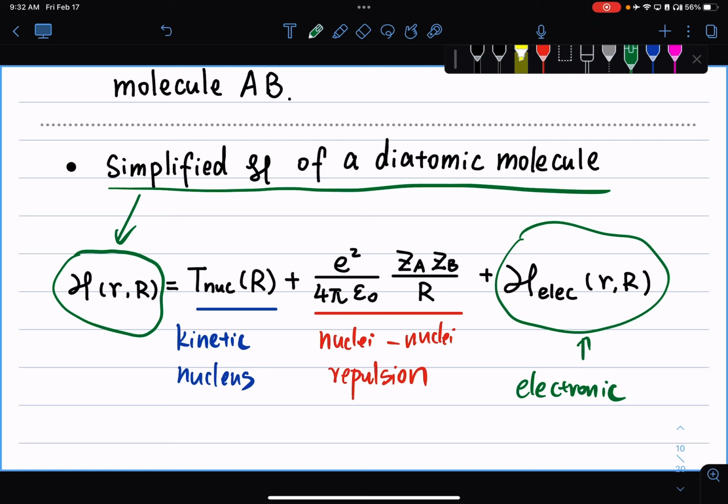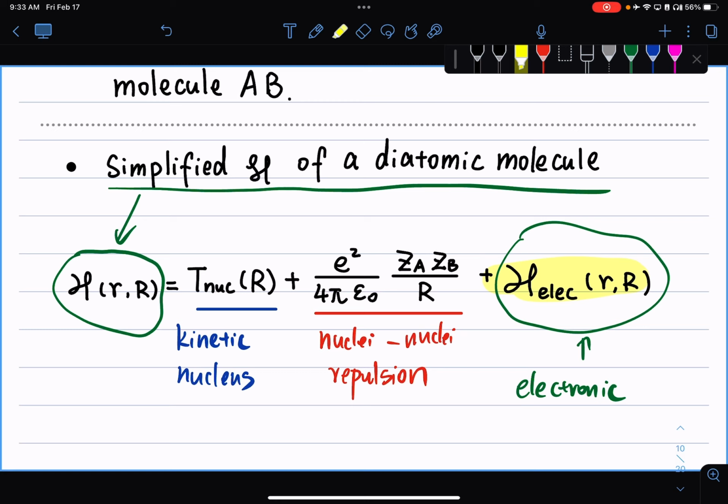And the electronic Hamiltonian depends on the distance between the electron and the nuclei and between the two electrons themselves. So it's a highly simplified version of the Hamiltonian for a molecule. For this course, we're chemists, so we care more about the last term. So from here, we'll be just focusing on that electronic Hamiltonian operator.